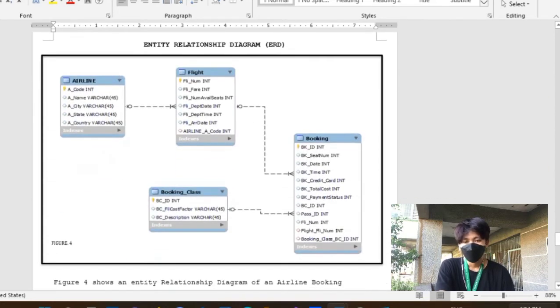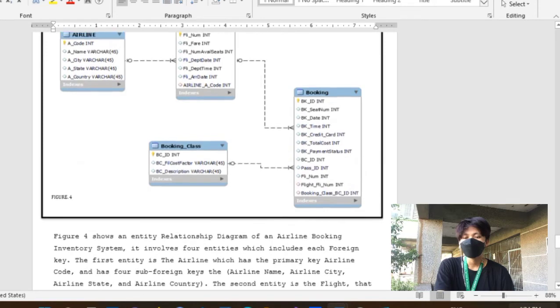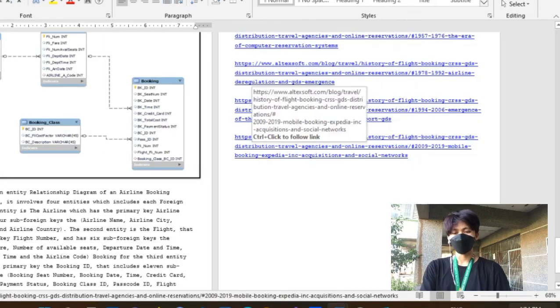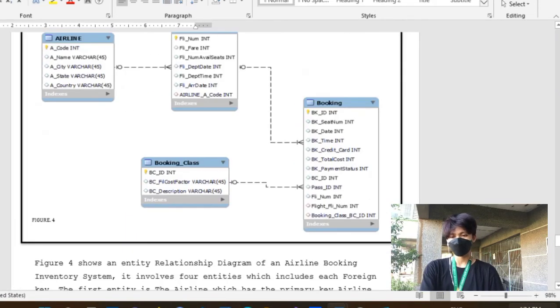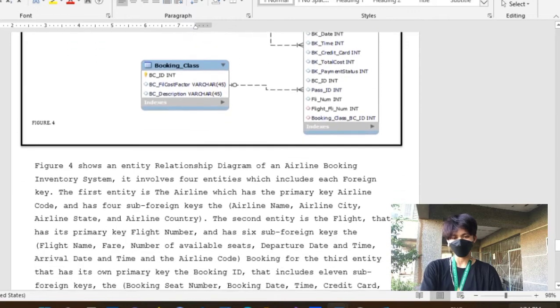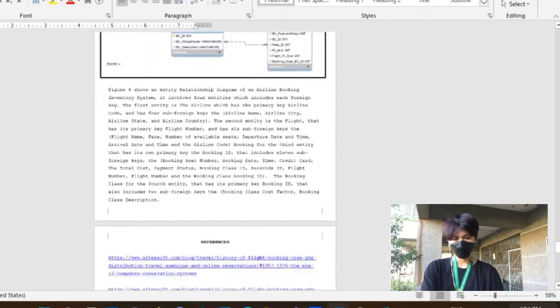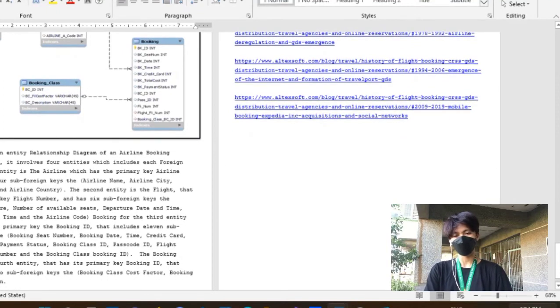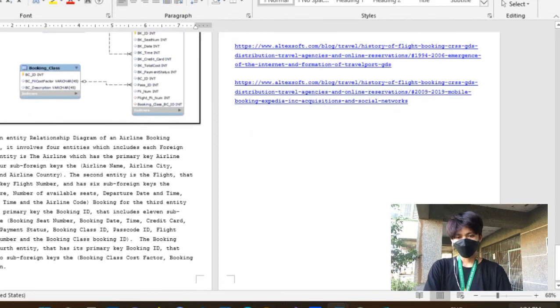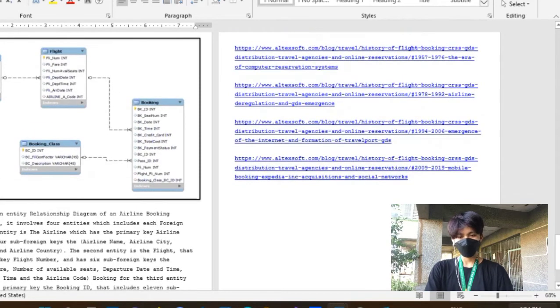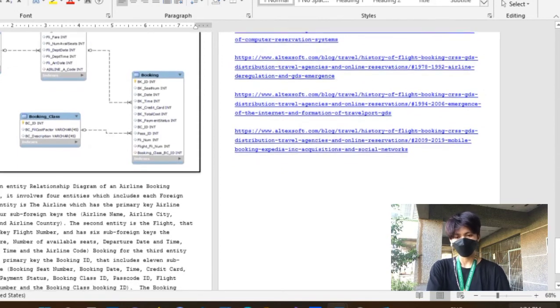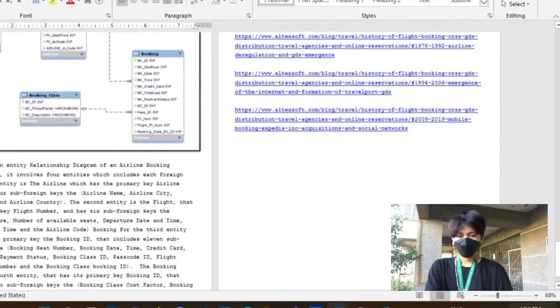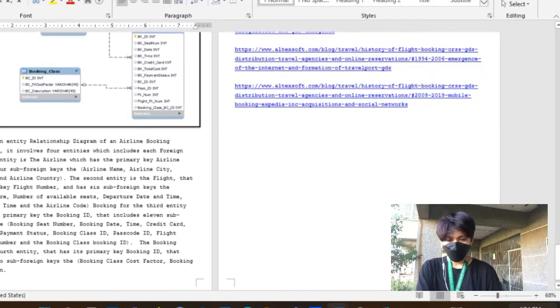So the entity relationship diagram. In this part of chapter 3, it shows the entity relationship diagram of the airline booking inventory system. It involves four entities, which include each foreign key. The first entity is the airline, which has the name, airline city, airline state, and airline country.